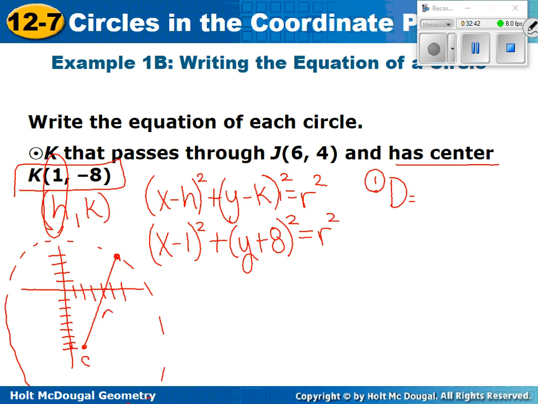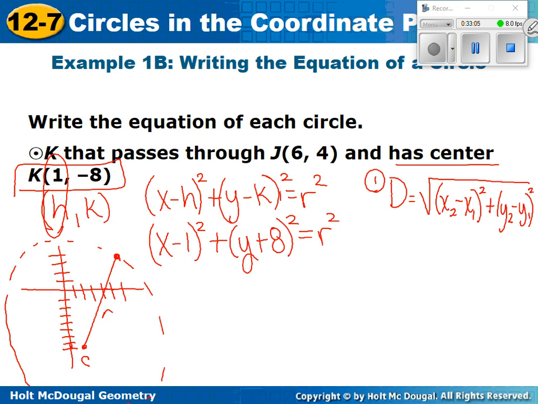Distance is equal to, your formula comes back to you from way back in the first few chapters, x sub 2 minus x sub 1 squared plus y sub 2 minus y sub 1 squared. The square root of all of that. Subtract the x's and square them, subtract the y's and square them, add them together, take the square root.